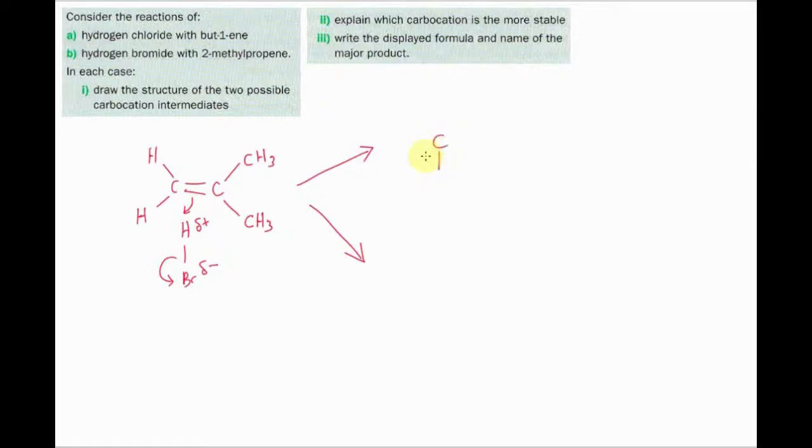So the double bond could spring open like this, and we could have the hydrogen adding on here like that, and the carbocation then ends up on this carbon. The positive charge ends up on this carbon, and we'd have our bromide ion that's just about to add on to there like that.